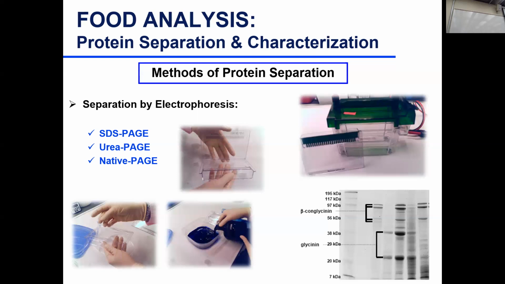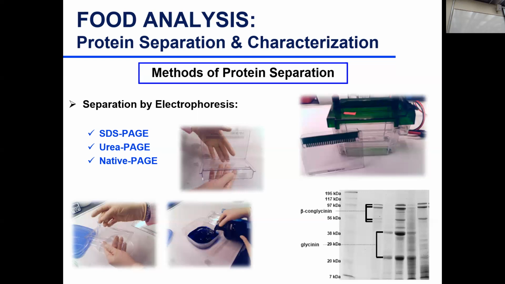There's a piece of gel right there. This green thing is a comb, like one you brush your hair with, but usually you have multiple wells. This is a one-well comb gel used for different purposes.